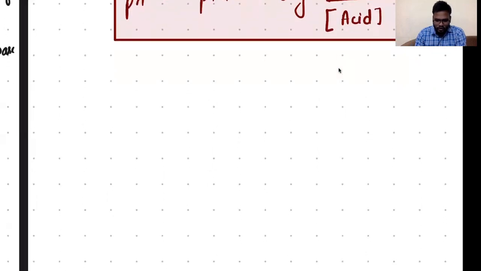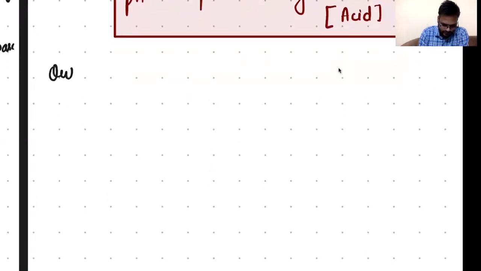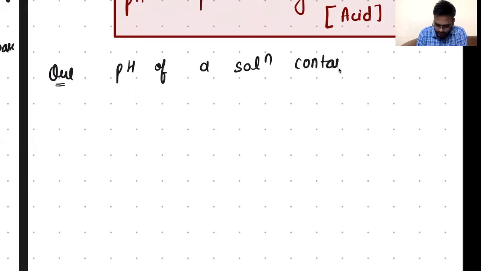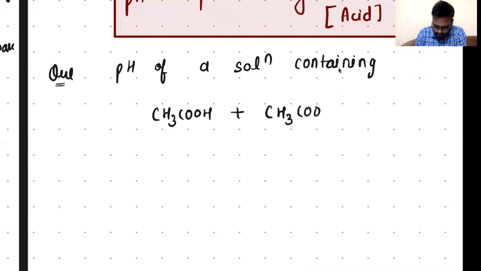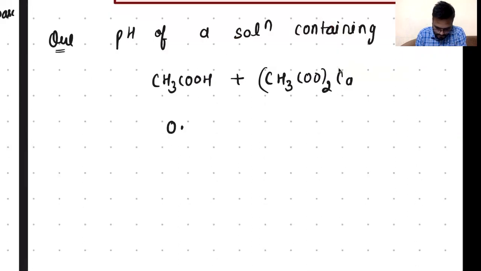For example, if we want to solve a question: calculate the pH of a solution containing acetic acid and its salt.